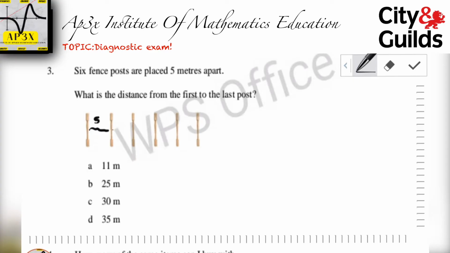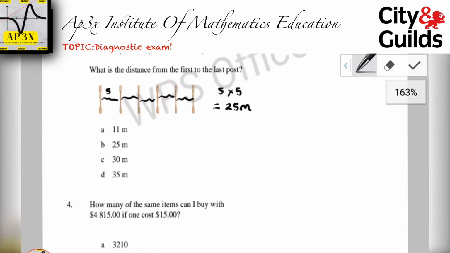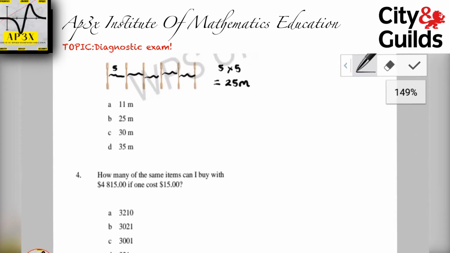And so there's 1, that's 2 spaces, 3 spaces, 4 spaces, 5 spaces. So there's 5 spaces between the 6 posts. Therefore, we can simply say it's just 5 spaces multiplied by the distance of each space, which is therefore equal to 25, say here, meters. All right, so that's pretty easy there.